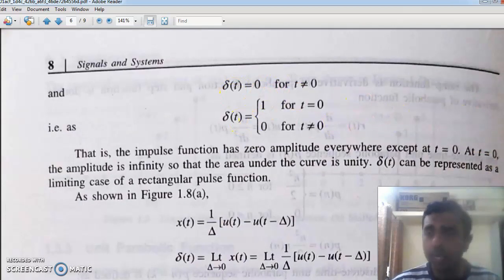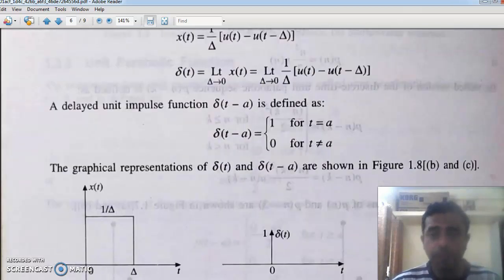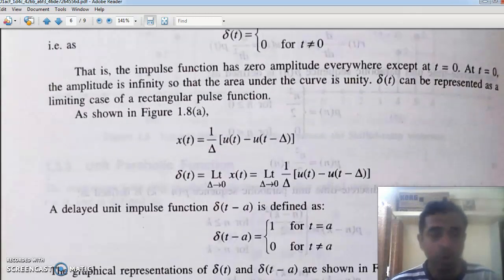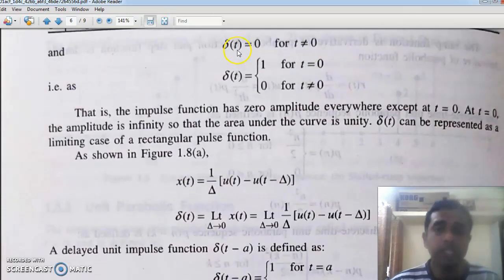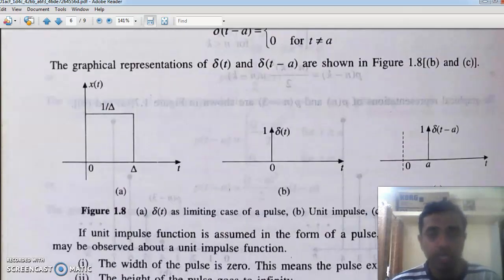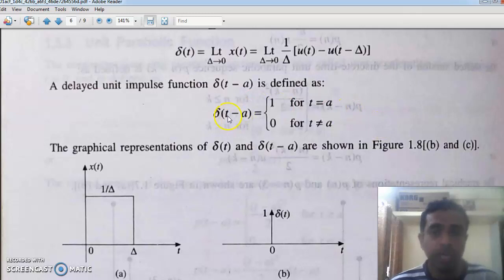This is very important. And likewise, if I replace t by t minus a, then what happens? There is only one value, that is when the argument is equal to 0. Here you can see that there is only one value when the argument t is equal to 0. Likewise, for delta of t minus a, there is only one value when the argument t minus a is equal to 0, that is at t equal to a. It has a value of 1 at t equal to a.